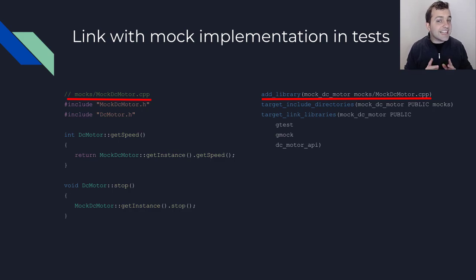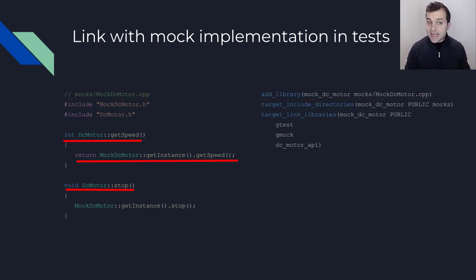It defines the declarations from dcmotor.h and merely uses the singleton class mock-dcmotor from the mock-dcmotor header file. Let's make this clear. The production equivalent of mock-dcmotor.cpp is dcmotor.cpp. In other words, the actual implementation of the DC motor class.